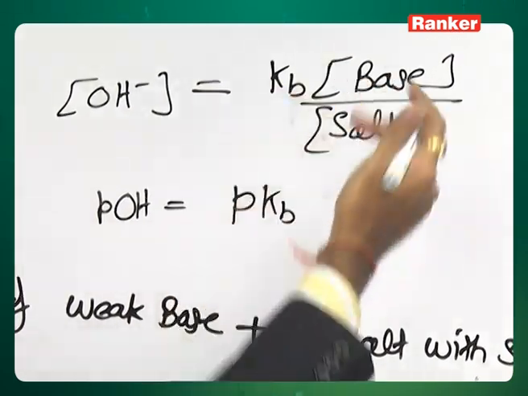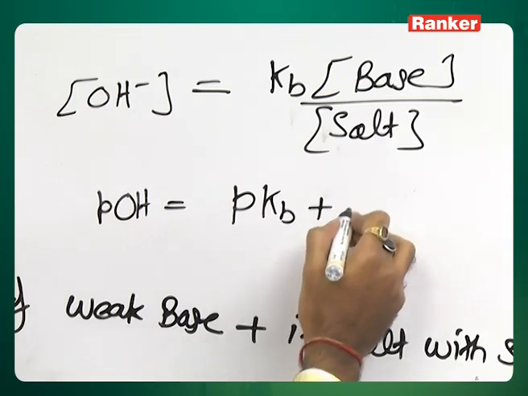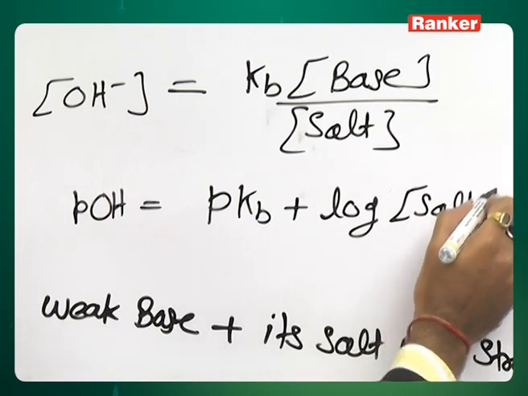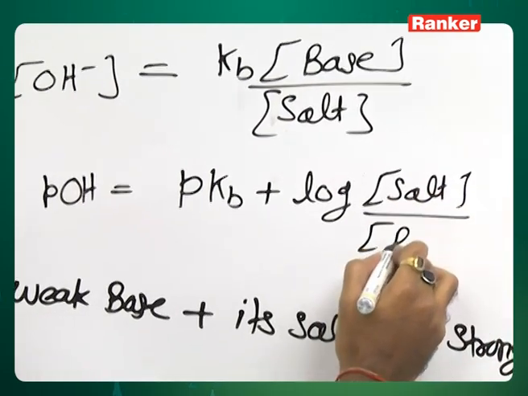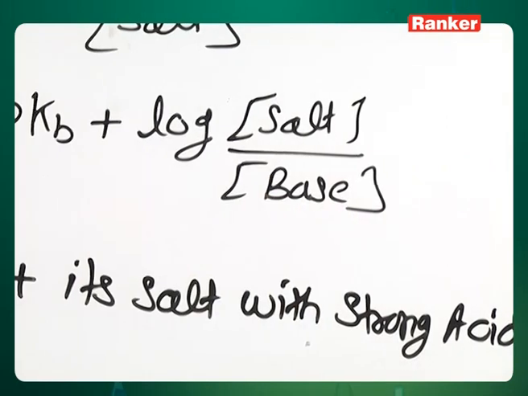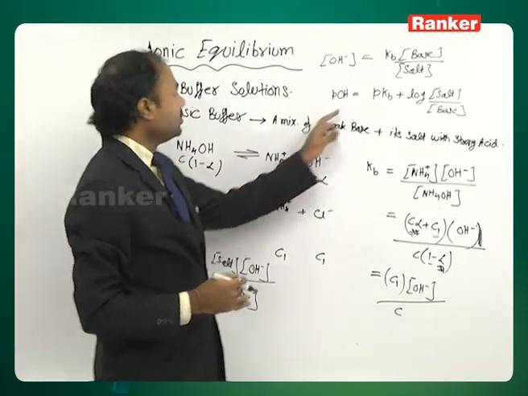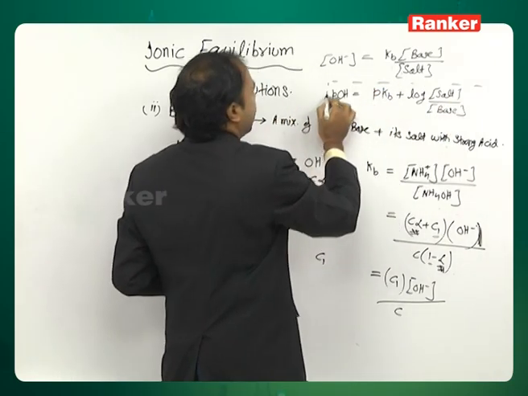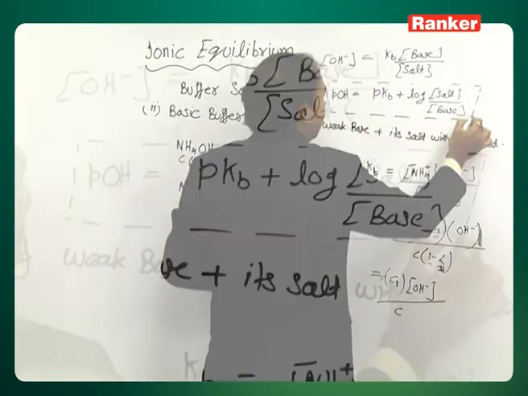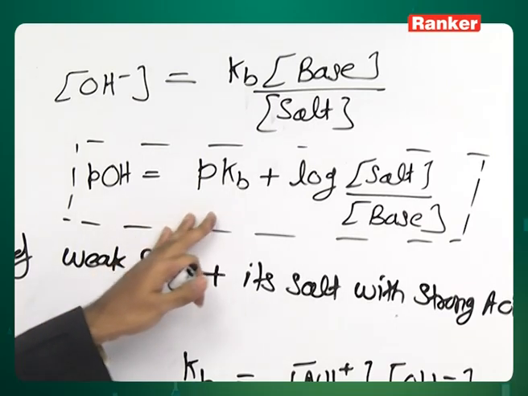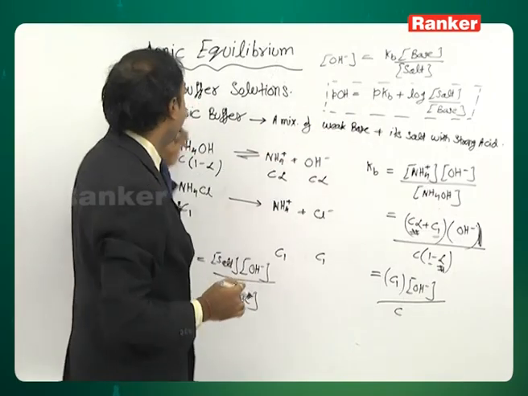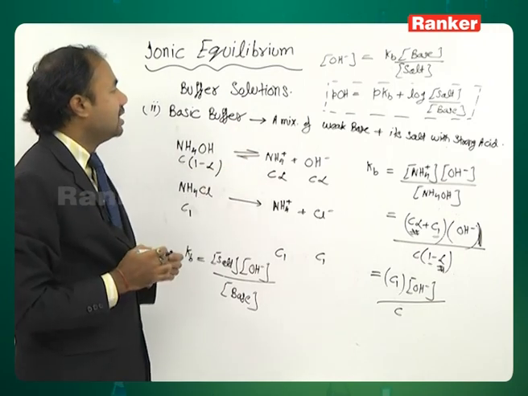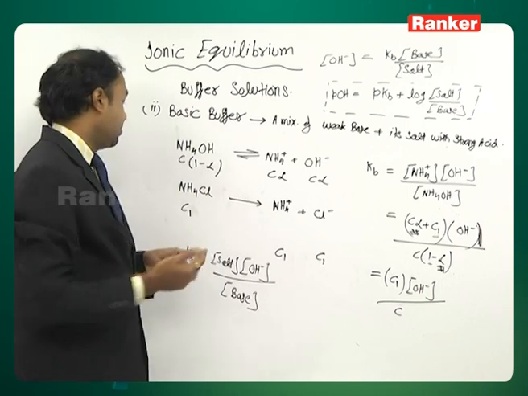We put here plus, so that gets exchanged. So we get plus log of concentration of salt by concentration of base. Right. Now this equation is another important equation, also called the Henderson equation, and this equation will be used for buffer solutions. What type of buffers? Basic buffer solutions.